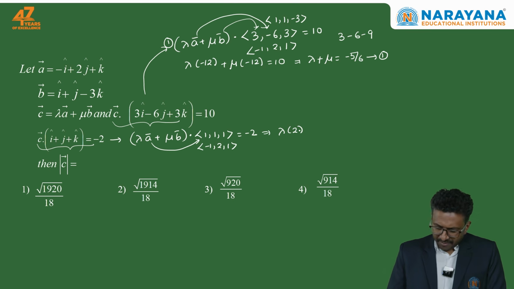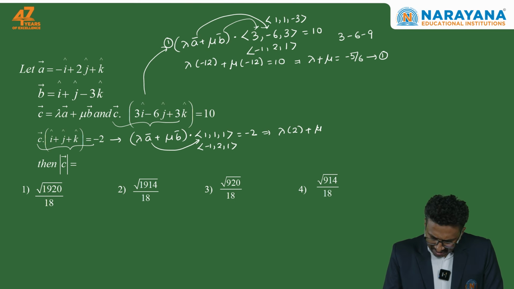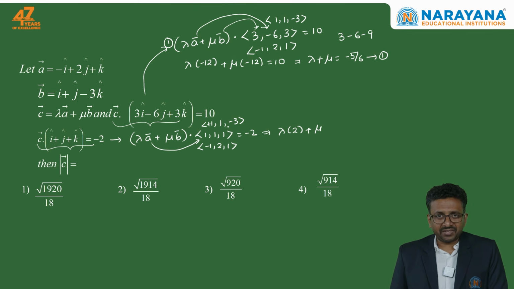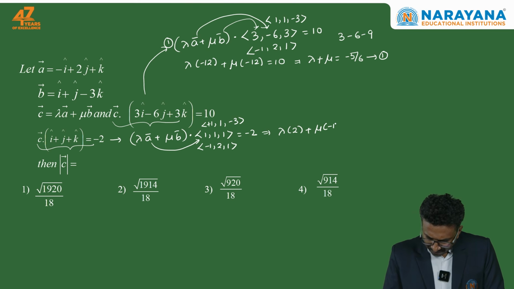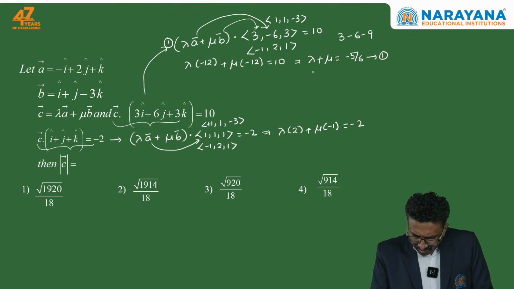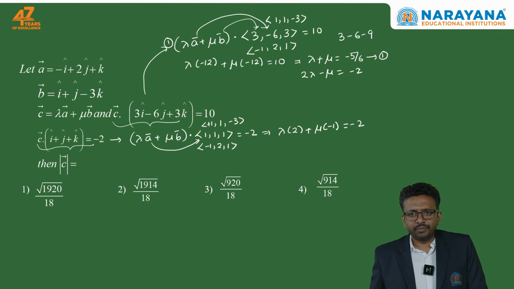So 2 times lambda plus mu times B bar dot 1, 1, 1, where B is 1, 1, minus 3. So 1 plus 1 minus 3, which is minus 1, is equal to minus 2. So the second equation is 2 lambda minus mu is equal to minus 2.